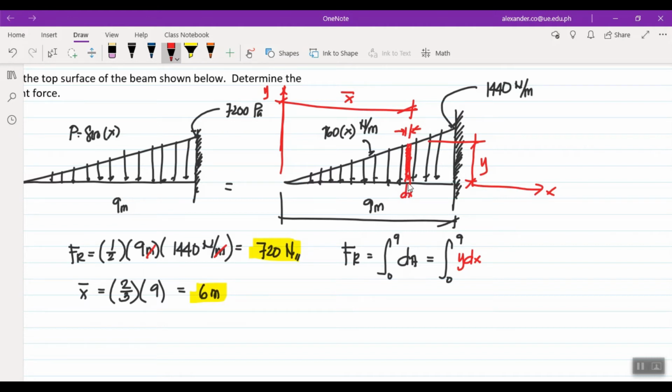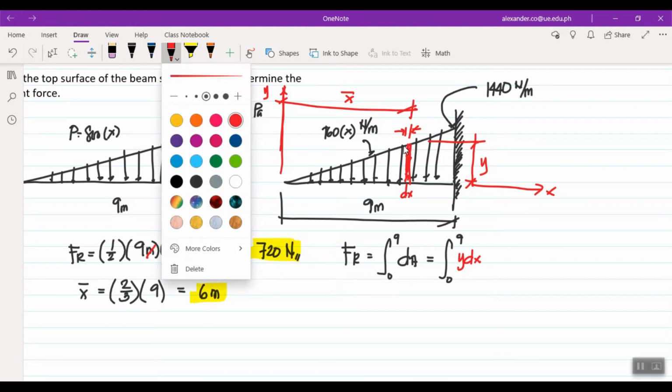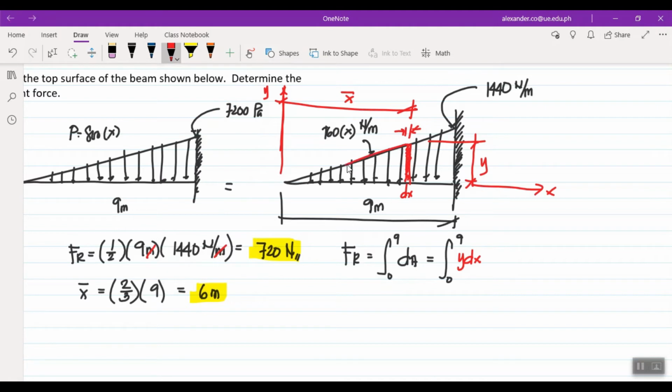So, kung titignan natin, yung smaller triangle, this is your smaller triangle. Ano yung smaller triangle na yan? That's y over x, di ba? It's y divided by x equal to, by ratio and proportion, it's 1 over this. It's 1,440 divided by 9.